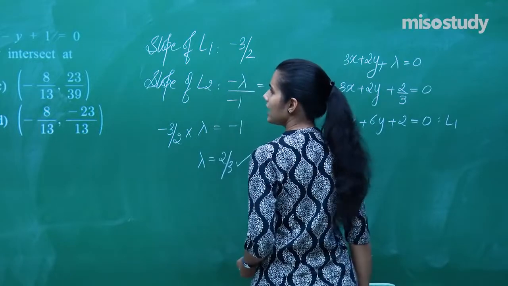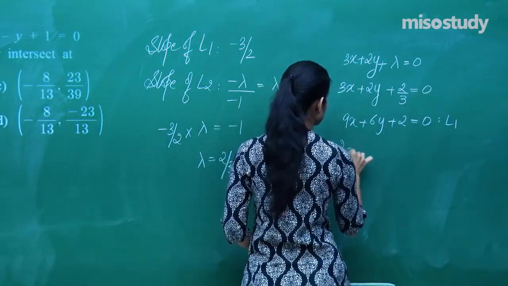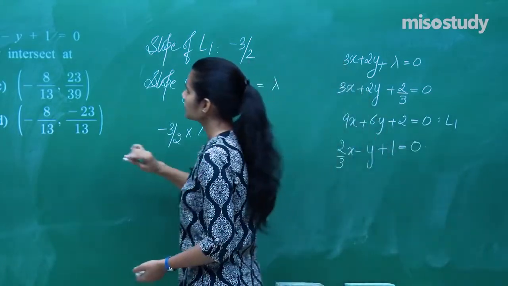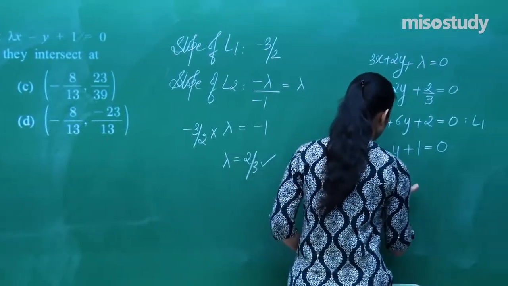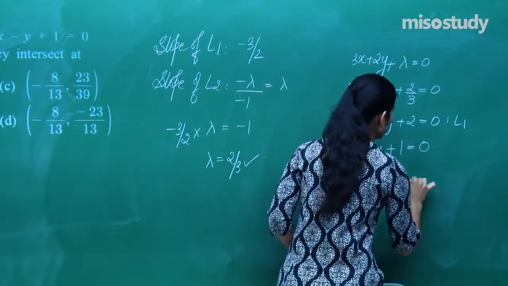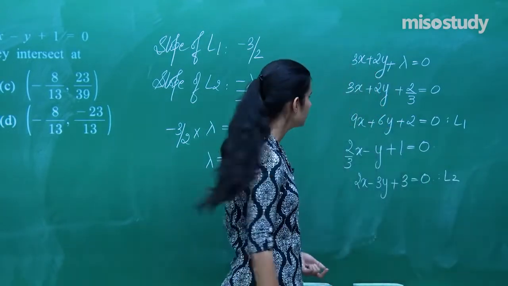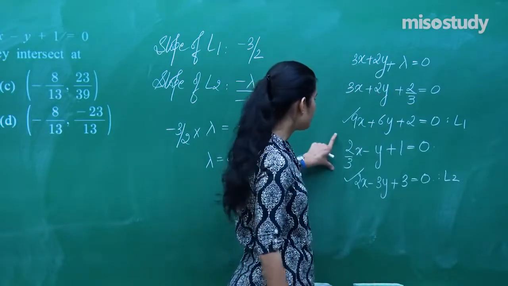And then you have lambda x minus y plus 1, so lambda is 2 by 3, x minus y plus 1 is 0. So this gives you 2x minus 3y plus 3 is 0. This is L2. Clear?